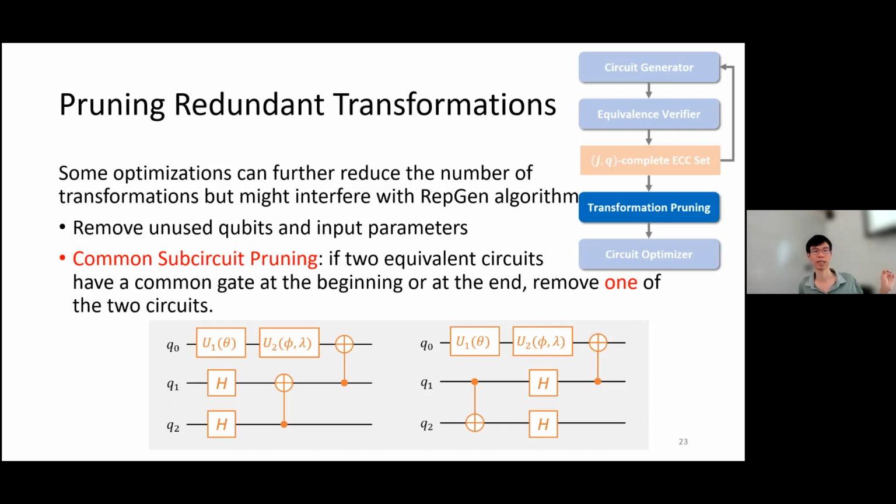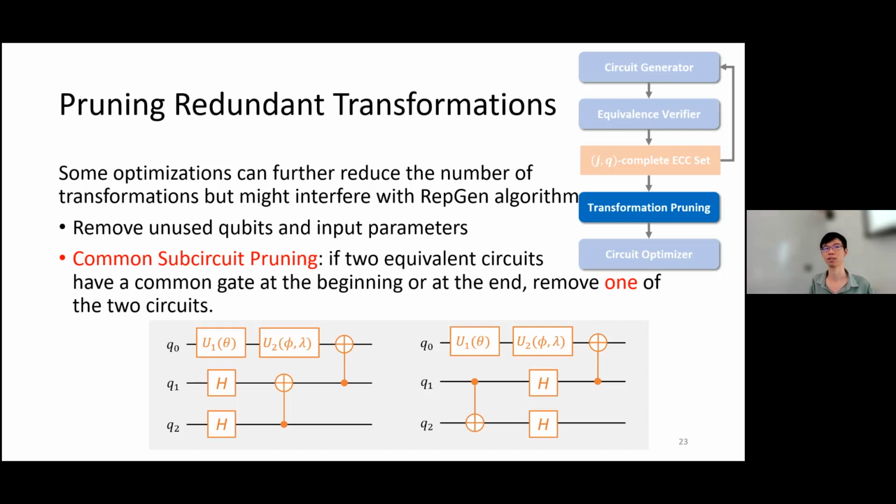So these 6 gate circuits are just redundant. So we can prune this transformation, but we cannot remove both of them, because in this ECC there can be other circuits, and we still want to have the equivalence between these two and others.